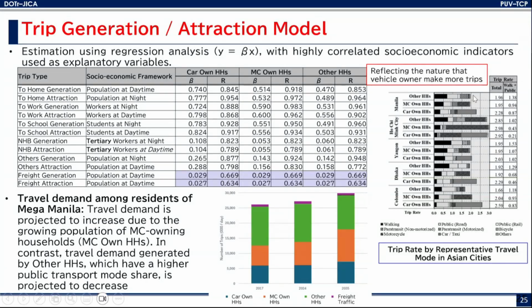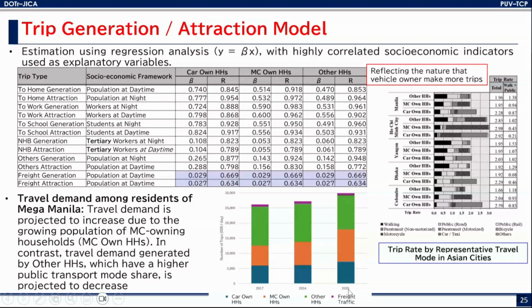And the gap in terms of the trip ratio is smaller than the other countries, including Dhaka and Colombo.